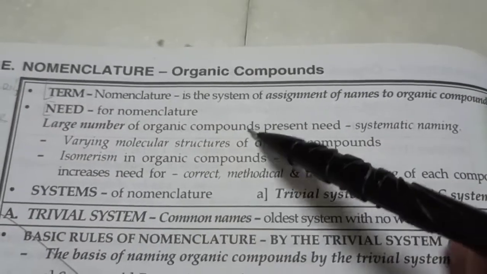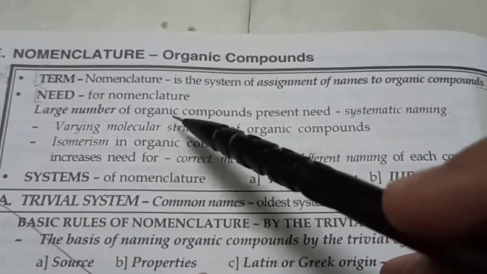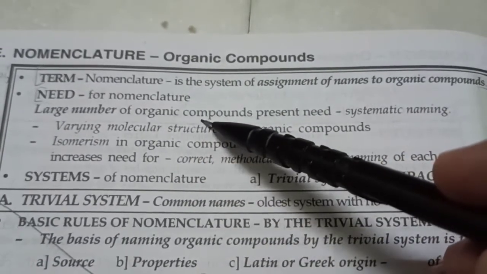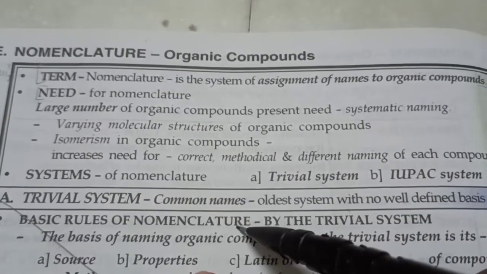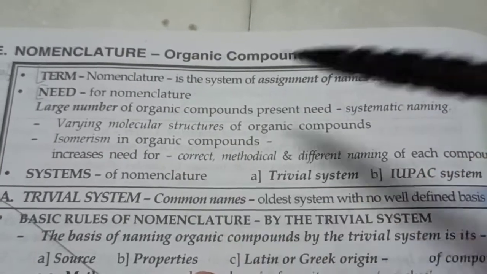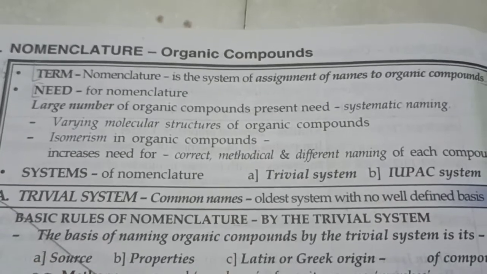So what is nomenclature? It is a system of assignment of names to organic compounds. And why do we need nomenclature? Well, there are a large number of organic compounds, millions of compounds. If we don't have a systematic naming pattern, it will lead to confusion. There are so many isomers, so only if we have the correct naming with the correct numbering will scientists agree about anything. And there are two systems.